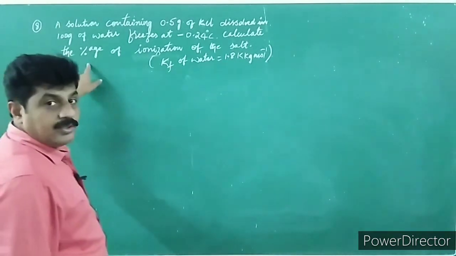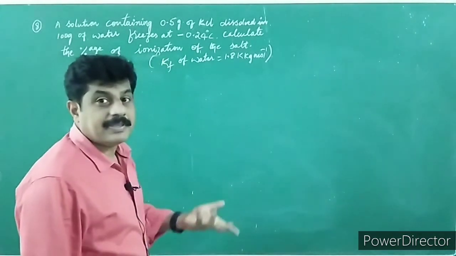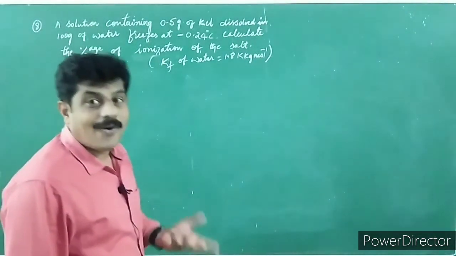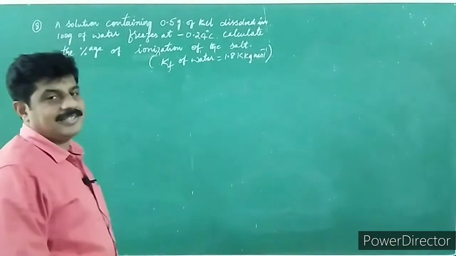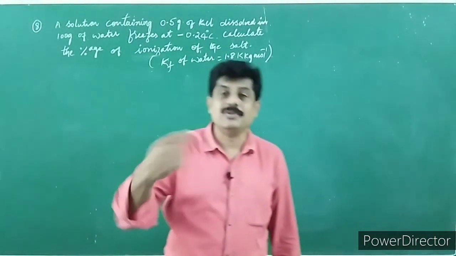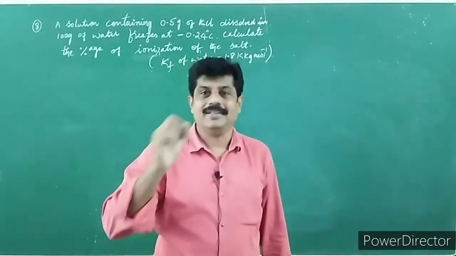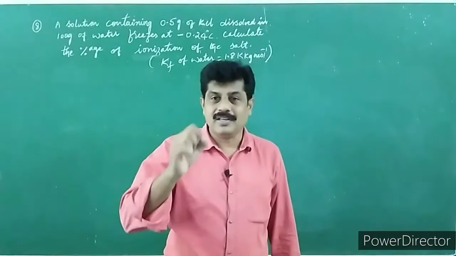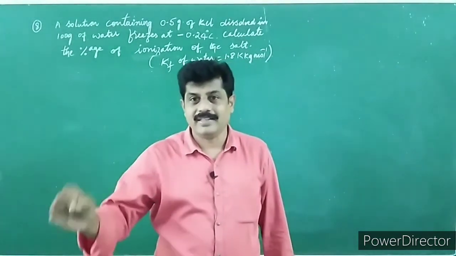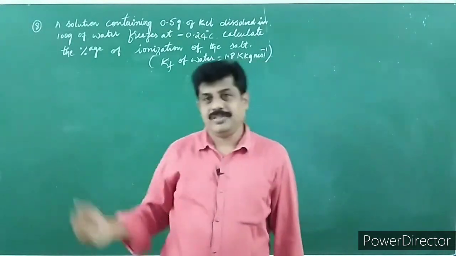What are they asking? To find out the percentage of ionization, which is nothing but percentage of dissociation alpha. Children, remember, in order to find out the percentage of dissociation, we should know the Van 't Hoff factor. That means first you should calculate the Van 't Hoff factor and then go for the percentage of dissociation.